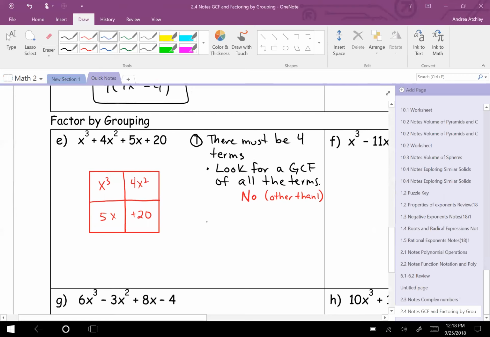Okay, so next we're going to find the GCF of each row and column.